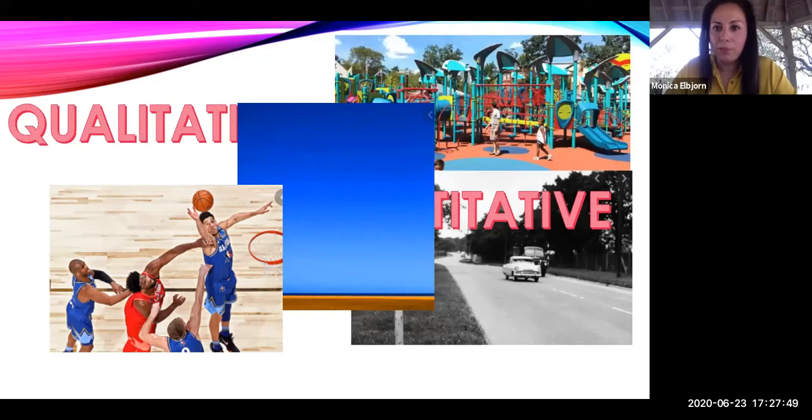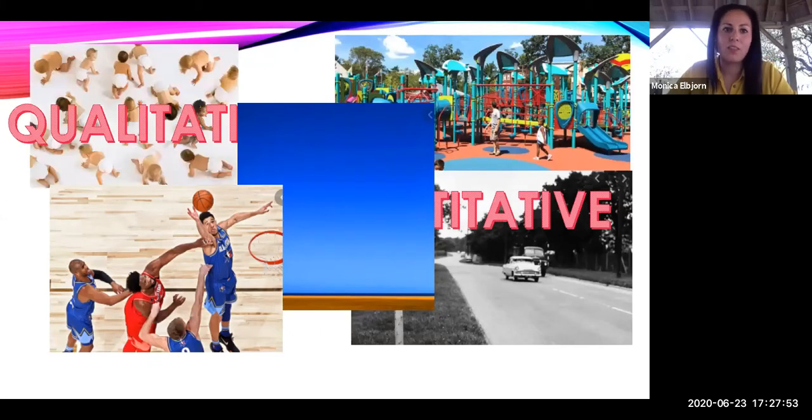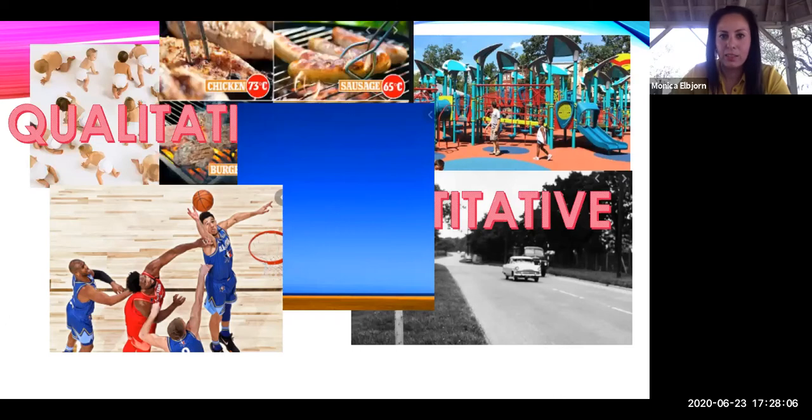What about the number of kids in a playground? Quantitative. Number of babies in this picture? Quantitative. But if you pick the color of the hair, that would be qualitative, like dark, light. So they belong to a category. What about the temperature if you're putting a chicken, a burger, a sausage on the barbecue pit?